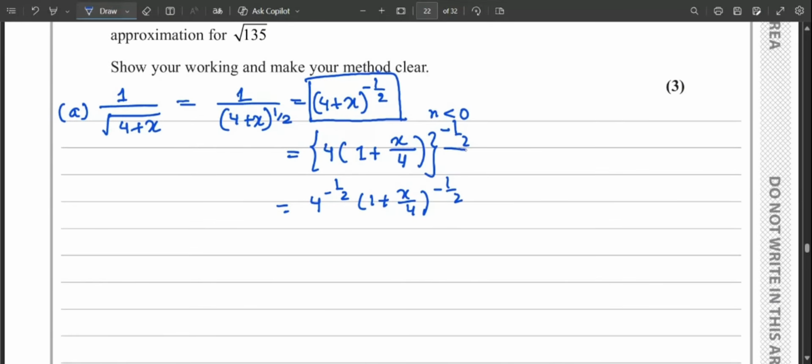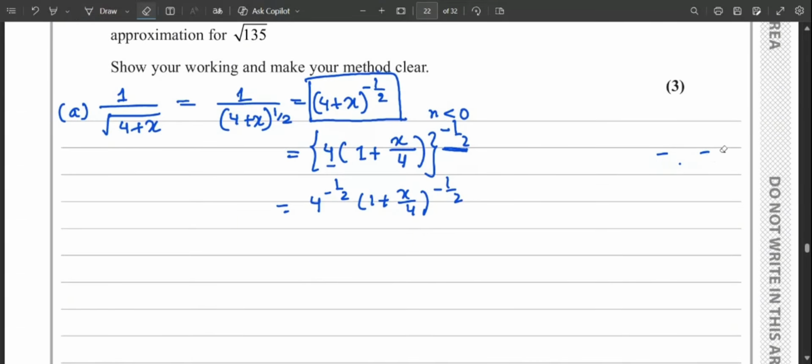The power minus half is transferred to both 4 and 1 plus x by 4 because of the power rule. We know that (a into b) to the power of n is equal to a to the n into b to the n, and this is the rule we have used here for our calculation.